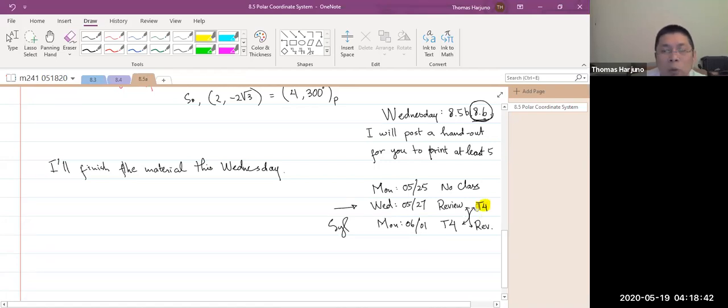And then somebody asked me today when our test 4 is according to the syllabus for my calculus 2 class, and I figured out that my test 4 is actually Monday the 1st. The reason I asked you if you want to switch is not because I already finished the material. Actually, that's not really it. Wednesday the 3rd is not our final.